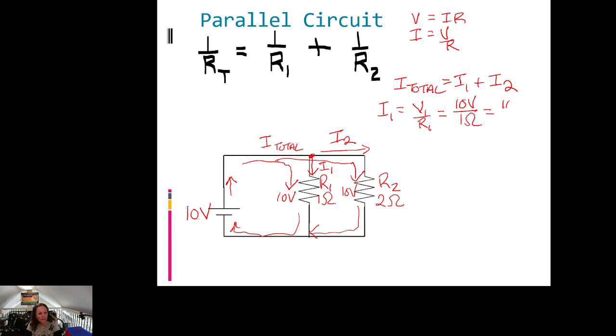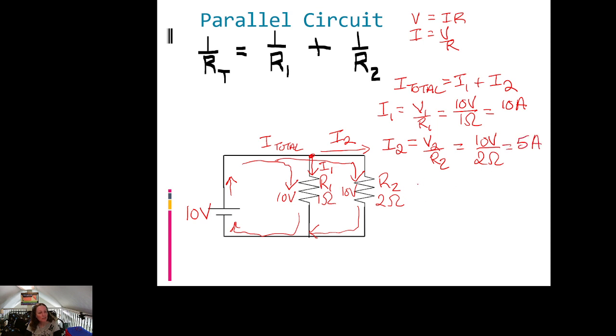So you have 10 amps. Okay. Now what do we have for current 2? Current 2 will equal V2, which is still 10 volts, over resistor 2. And that will be 10 volts divided by 2 ohms, which will give you your 5 amps.